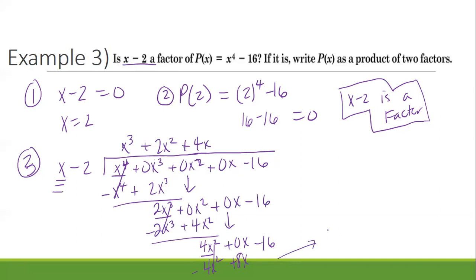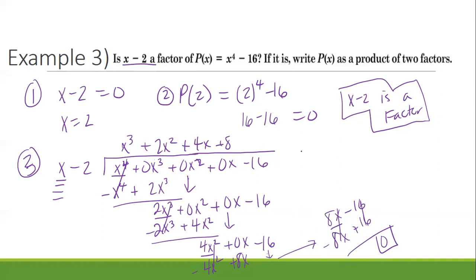So I subtract, and I'm left with 8x, and I bring down 16. 8x divided by x is 8. And I'm going to multiply. So I have 8 times x is 8x. 8 times negative 2 is negative 16. Subtract. And I'm left with the remainder of 0, which it should be because x minus 2 is a factor.